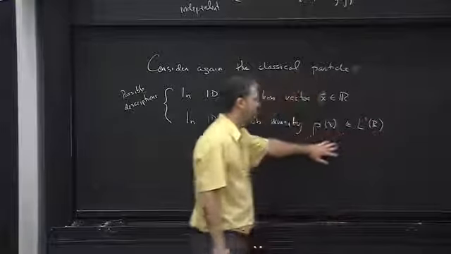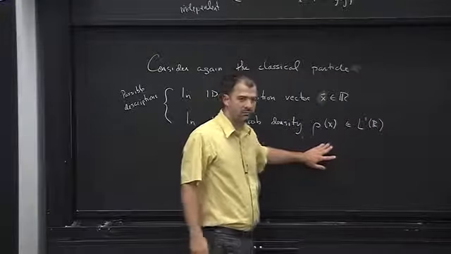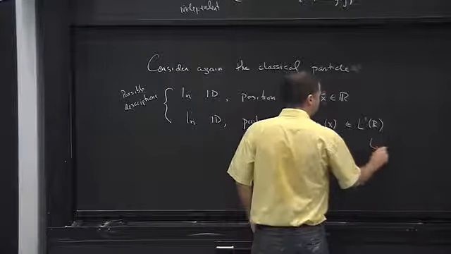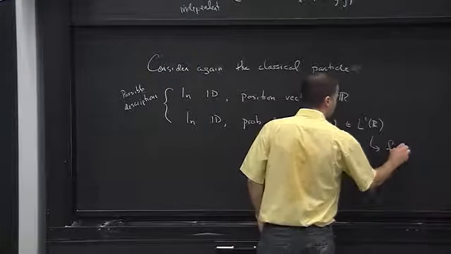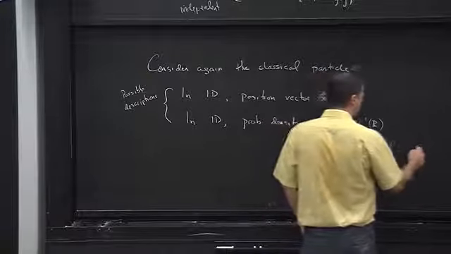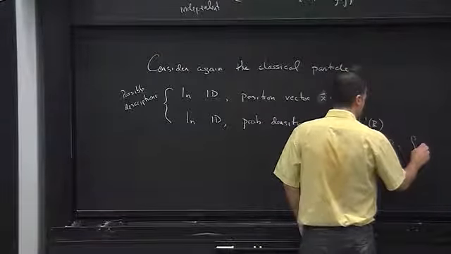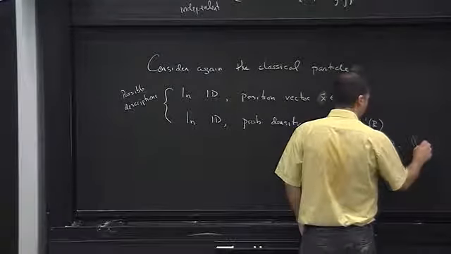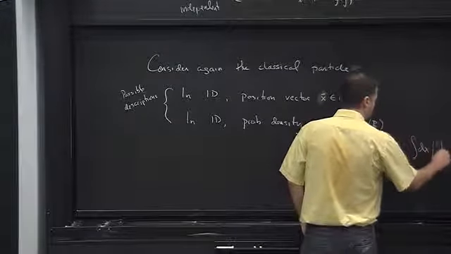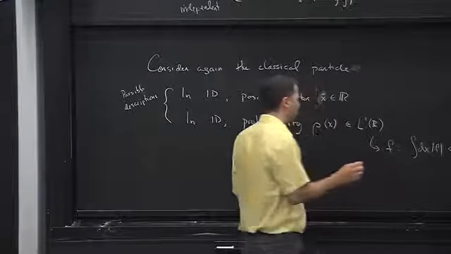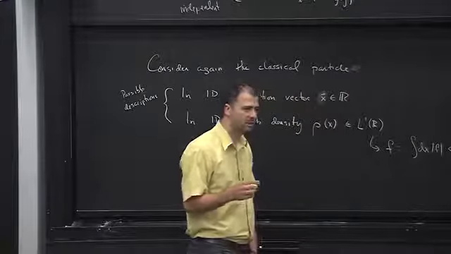Would these have to be square integrable as well? So L1(R) is the set of functions such that the integral over dx of |f| is finite. Is that right? Yeah?